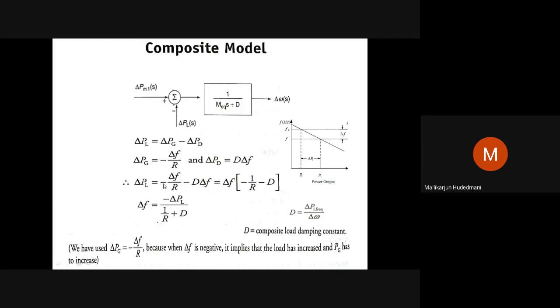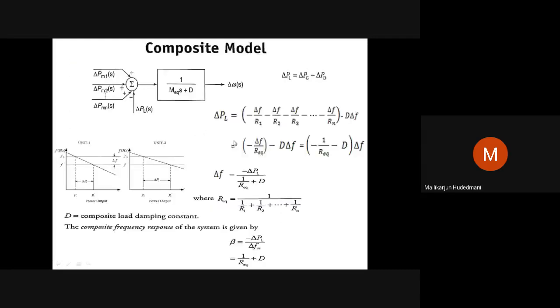Now it becomes delta F by R1 from generator 1, delta F by R2 from the second generator, third, fourth. This term is going to have a number of fractions depending upon the number of generators, but the area sensitivity to the frequency remains unique to the area. This expression is elaborated over here. Can you see here?